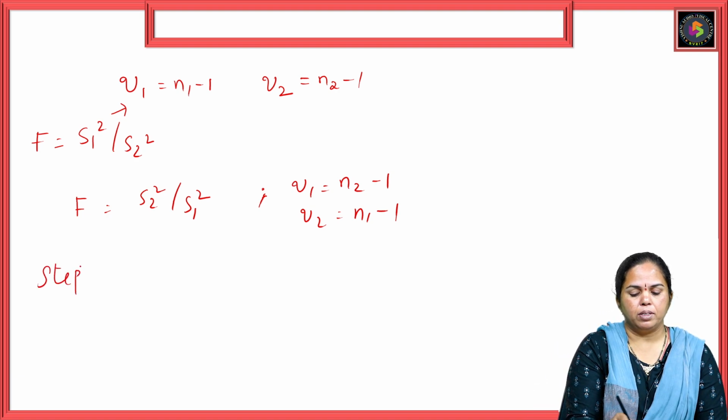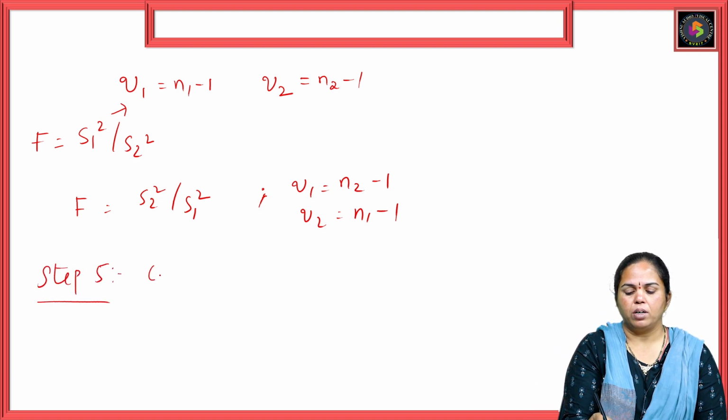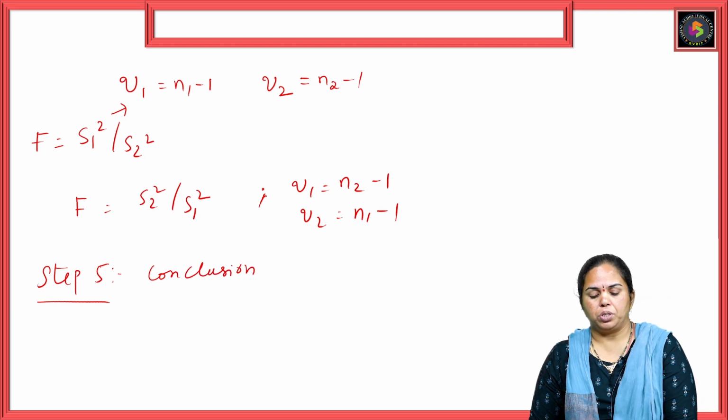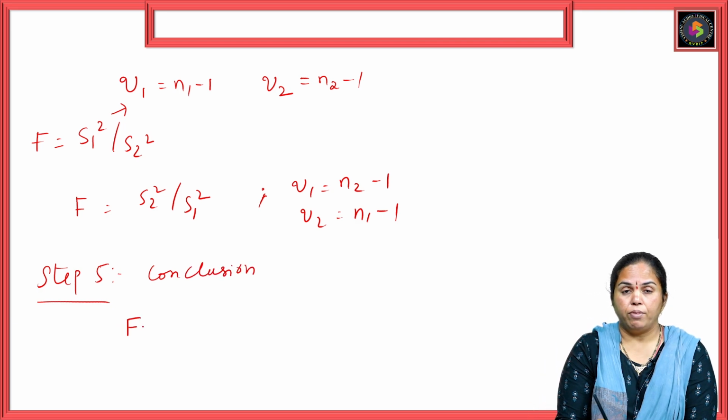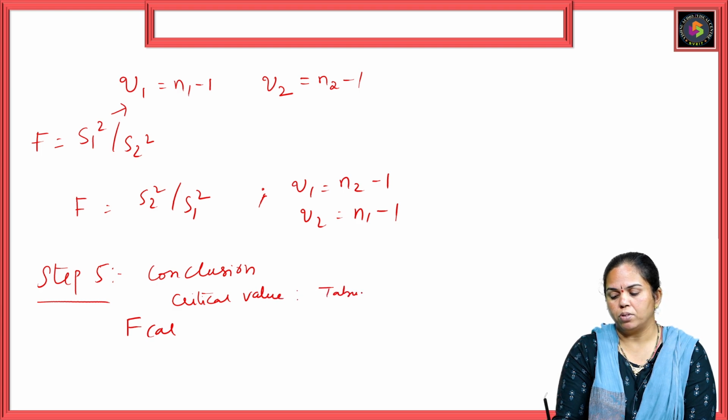The last step, step 5, conclusion. F calculated, and conclusion means the critical value, where we tabulate the value.